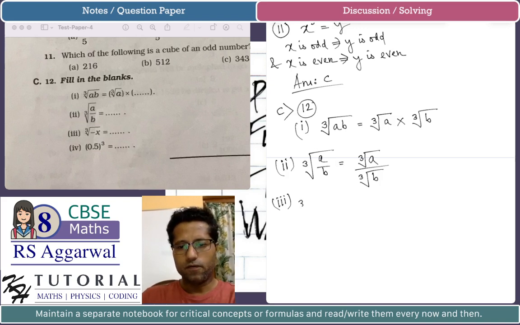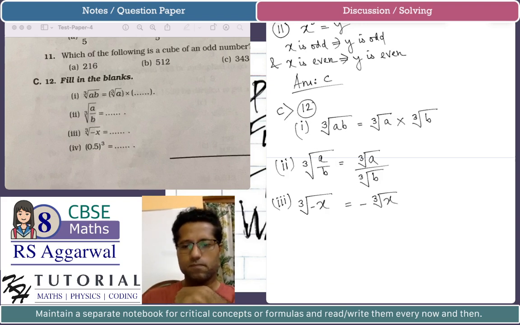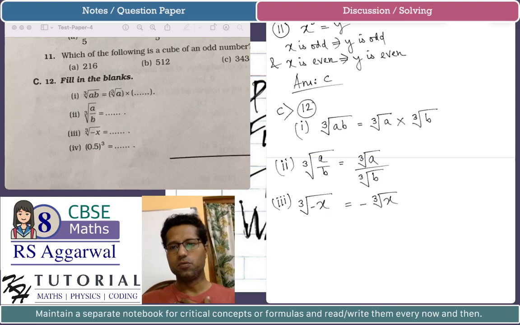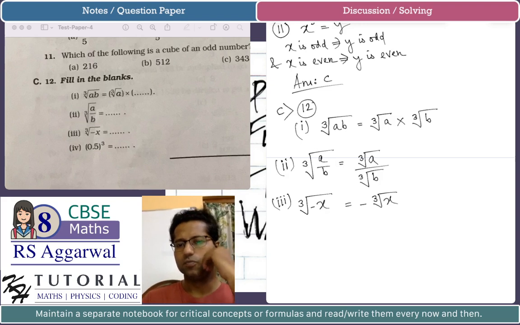So cube root of negative x, that is minus x, is equal to negative of cube root of x. So the cube root of a negative number is a negative number. So cube root of minus x is the negative of cube root of x. Okay.